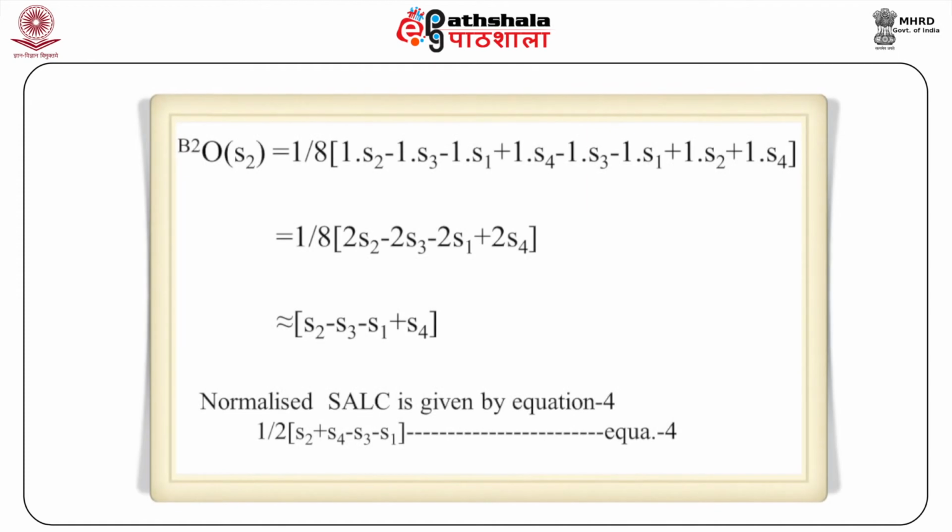And therefore, after these calculations, we find the net result is given in equation 4, that is the normalized SALC is 1 upon 2 S2 plus S4 minus S3 minus S1.